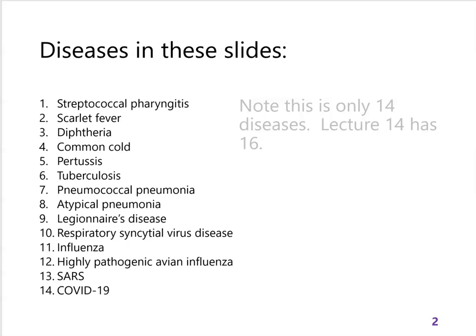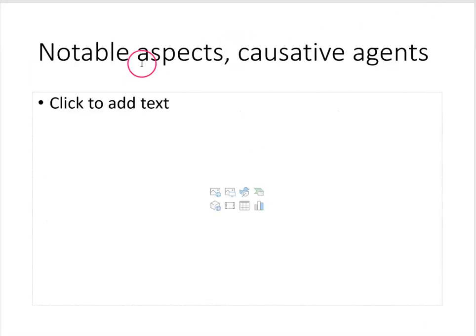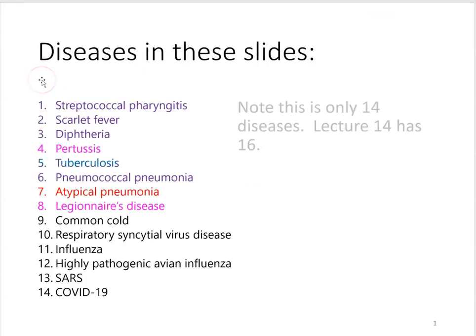So another thing I've done is I've reordered them and color-coded them. So these bacterial diseases are purple if the causative agent is gram-positive, pink if it's gram-negative. This one's purple again.